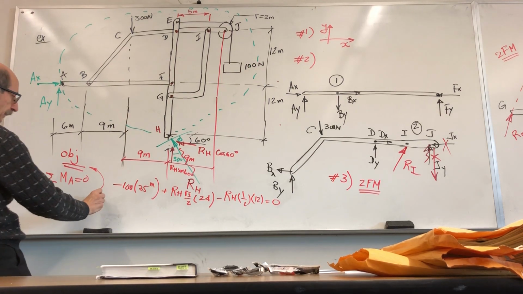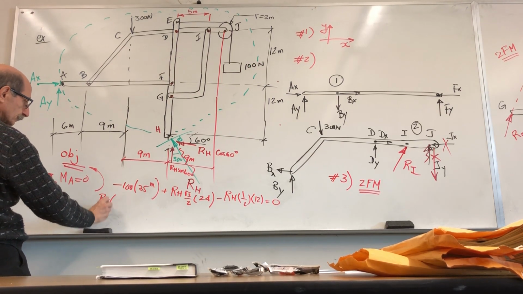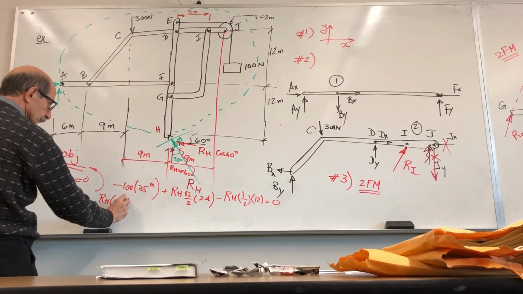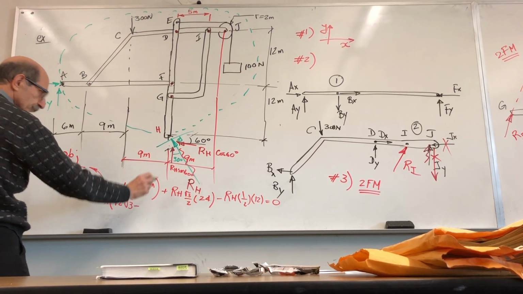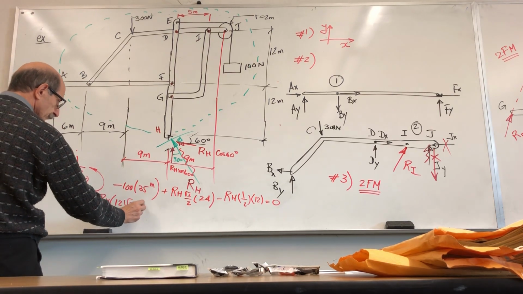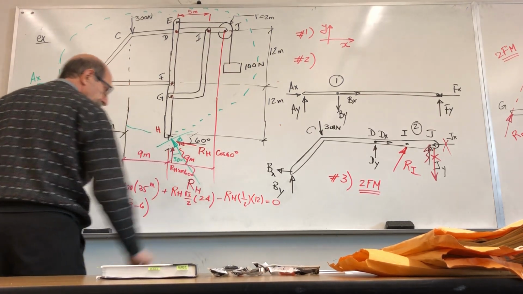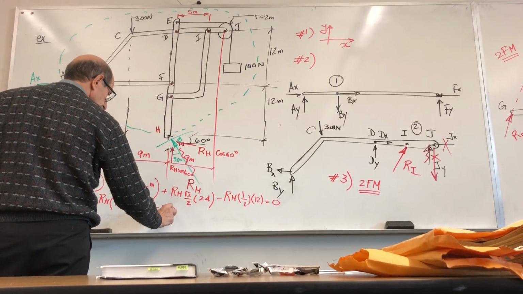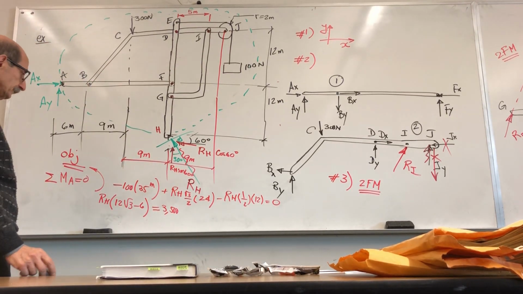So I have RH times 12 square root 3 minus 6, okay, is equal to 3,500. So somebody's going to give me RH.